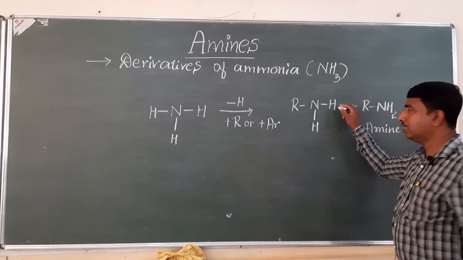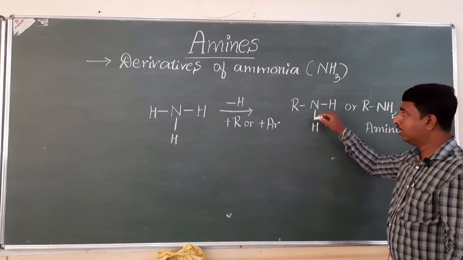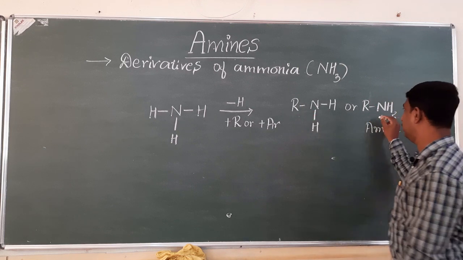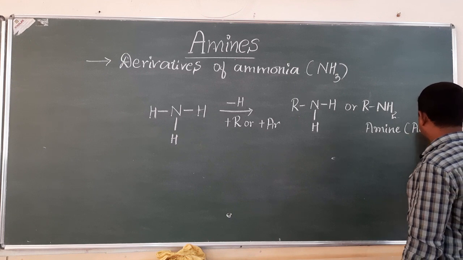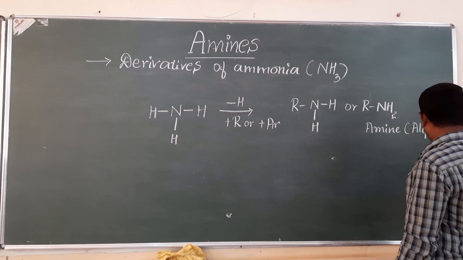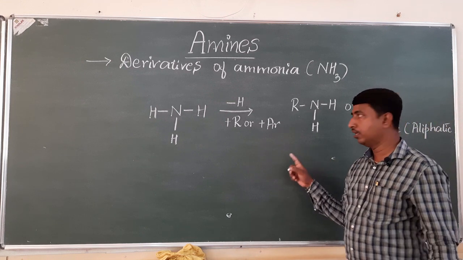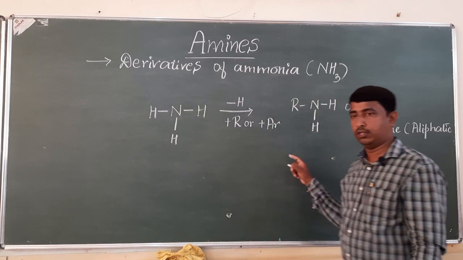Replacing a hydrogen atom of ammonia by an alkyl group, we will get RNH2. RNH2 is an aliphatic amine. Similarly, I can replace a hydrogen atom by an aryl group also.